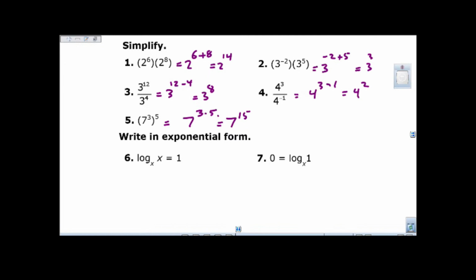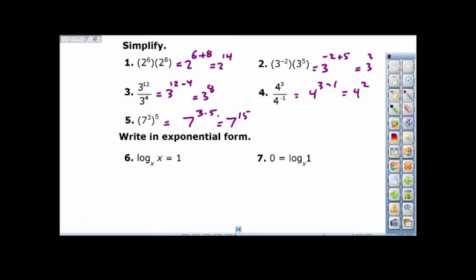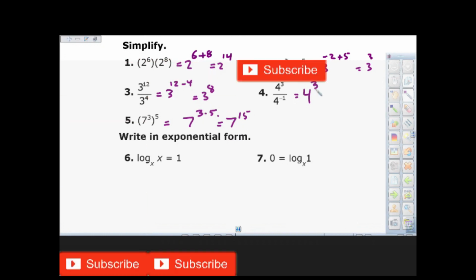Somebody's saying... yes, one second. Yes, you're right, Haley. This is not right over here. This is a typo, a mistake. I have to correct my mistake here. She's right. Let's take a look. I have 4 to the 3rd at the top, like this.